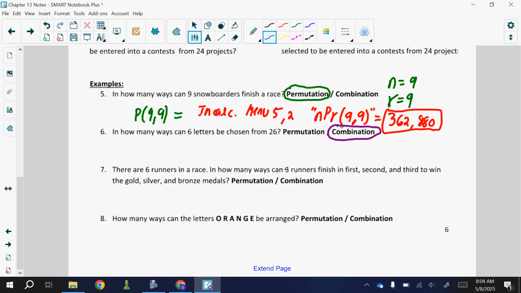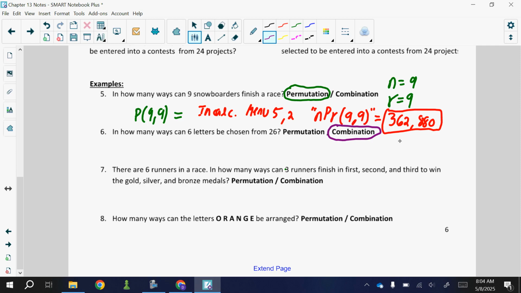If it had said that letters cannot be repeated or something of that nature, then order would matter a little bit. But they didn't specify that. So really, you also could have repeats of letters when you're choosing. So that makes this a combination. Order does not matter in this case.